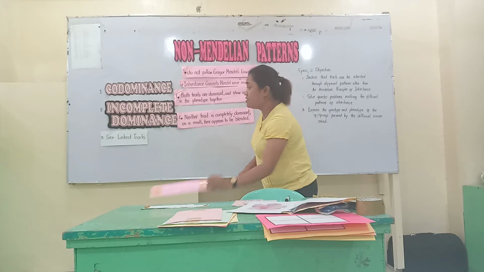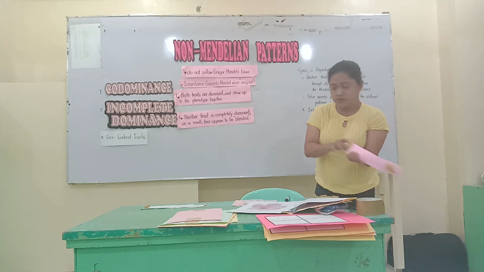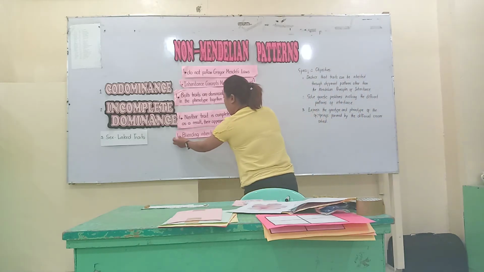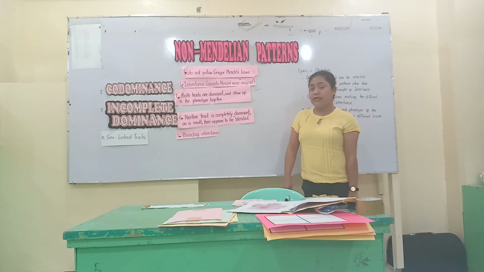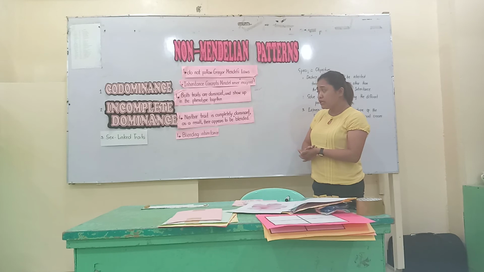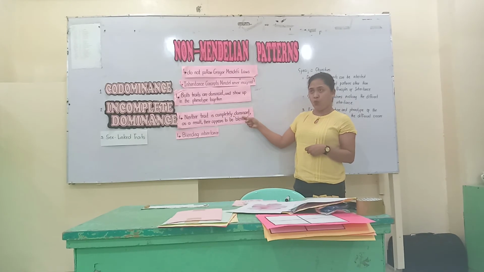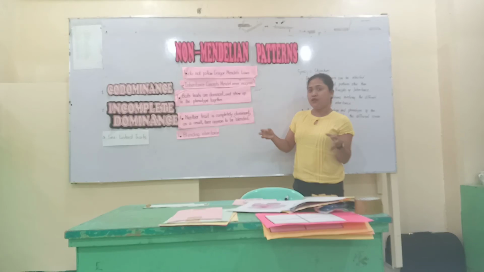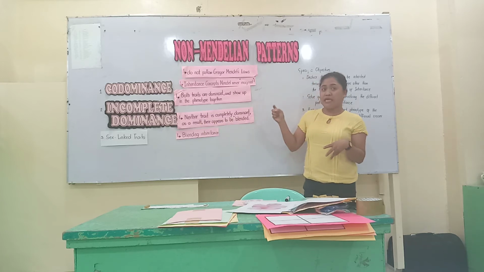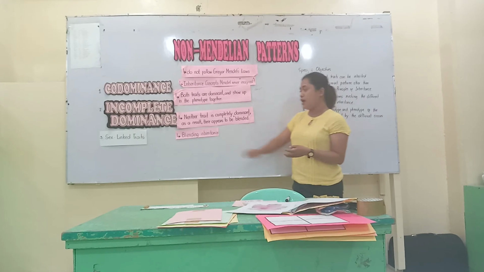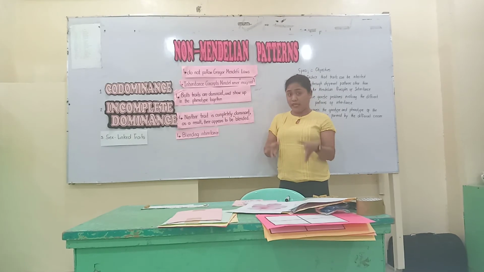Or, kanit siya nga principle or non-Mendelian principle of inheritance, tawagon po din nato siya o blending inheritance. Okay? Again, incomplete dominance, neither trait is completely dominant. Wala gyud sa ilaha ang complete nga or dominant. Okay? But as a result, there appears to be blended. Managitawag siya nga blending inheritance. Incomplete dominance or blending inheritance.